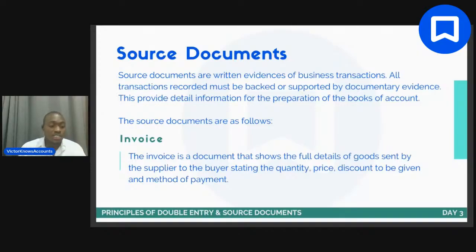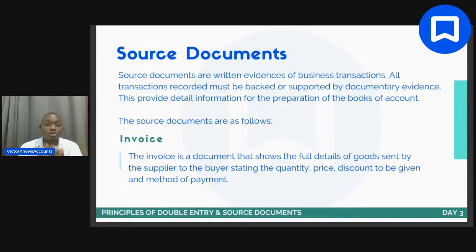Generally, if you sell goods in cash, many people just use a receipt instead. So most times what you get when you buy something is a receipt. Why? Because you are buying in cash. But in the larger business world, most people don't buy in cash, they buy on credit.